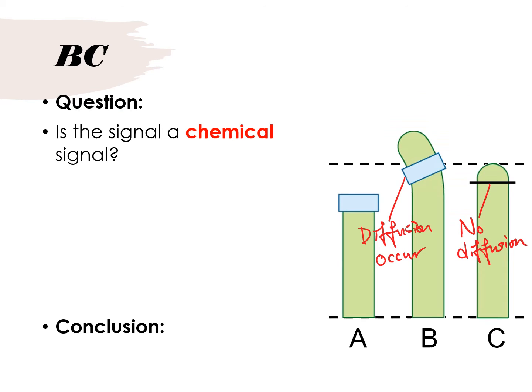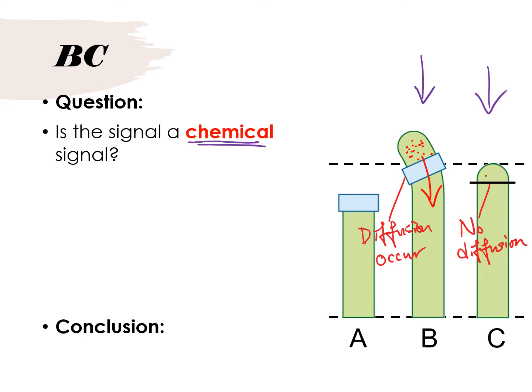By comparing setup B and setup C, Boysen-Jensen would like to know if the signal is a chemical signal or not, since in setup B, the agar allowed diffusion to occur. So if it is a chemical signal, the chemical signal should be able to diffuse down.